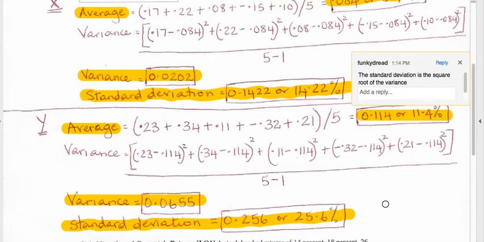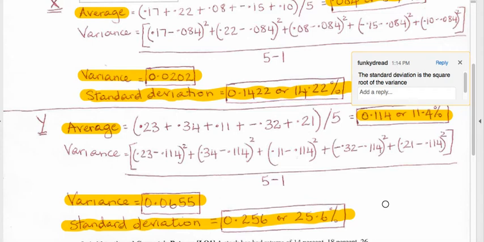So I want you to do a little bit of practicing using the practice problems on Connect, and this would give you a better sense of whether you understand how to calculate the variance and standard deviation for a sample. And remember, variance and standard deviation are measures of risk or volatility.